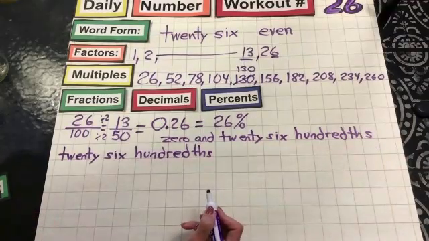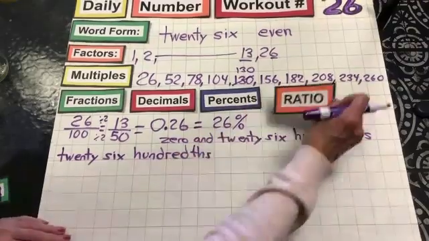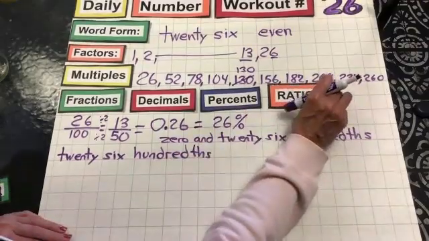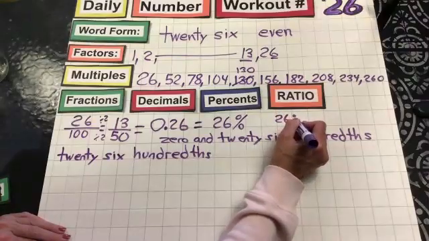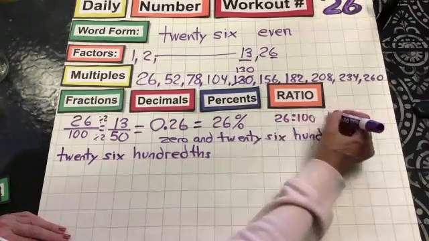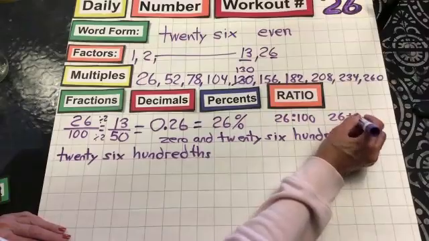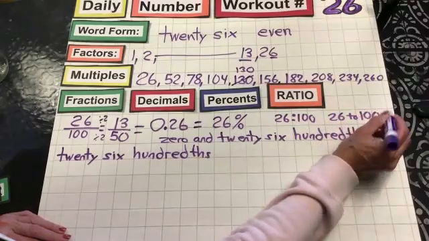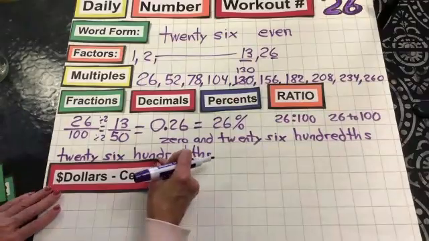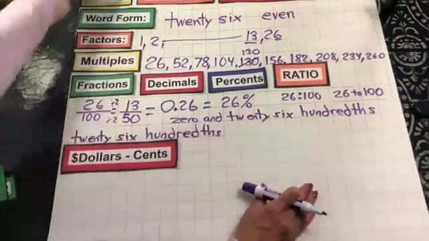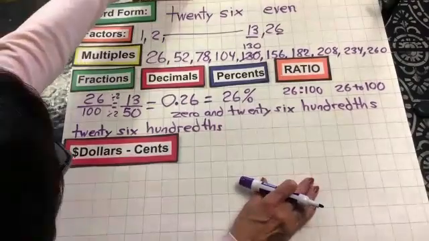All right, let's check out ratio. I'm just going to slide it up here. So this would be 26 colon 100 or 26 to 100. And then we'll also have our dollars. And I'll move this up a smidgen to get our dollars in.